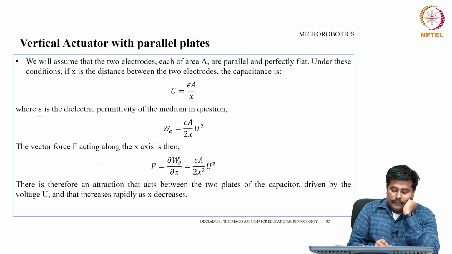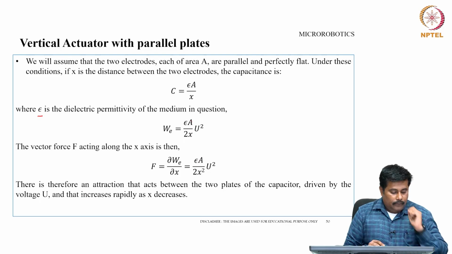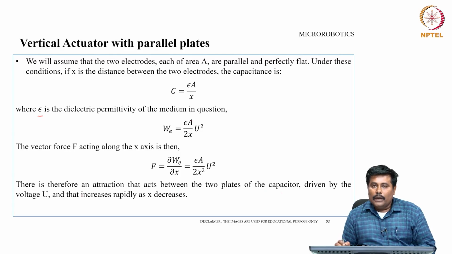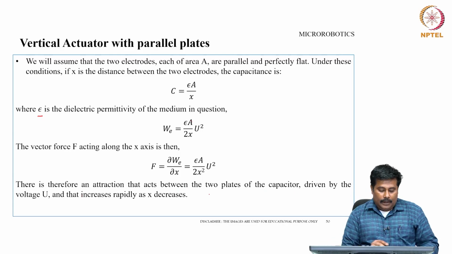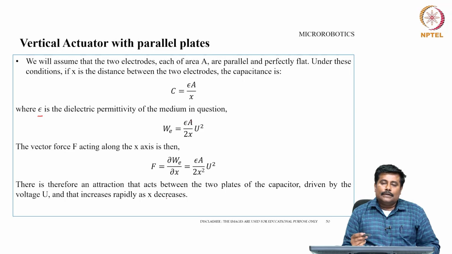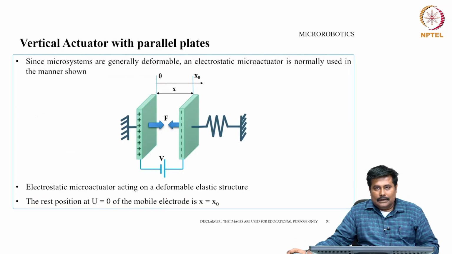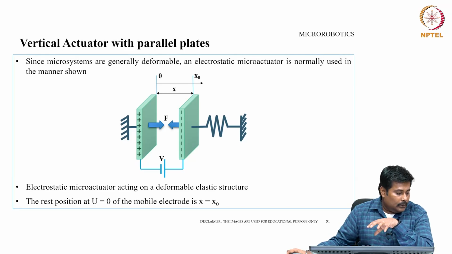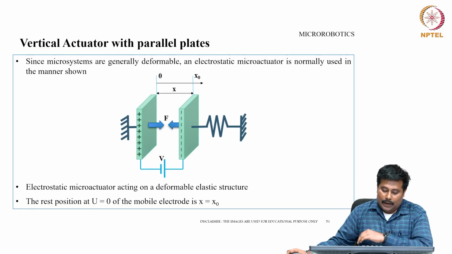So the force F acting along the x-axis is F equals dou We by dou x, that is epsilon A by 2x squared U squared. Therefore, an attraction acts between the two plates of the capacitor driven by the voltage U, and it increases rapidly as x decreases.